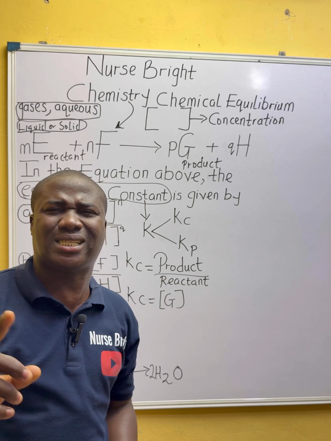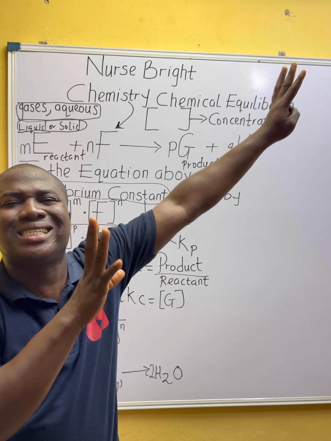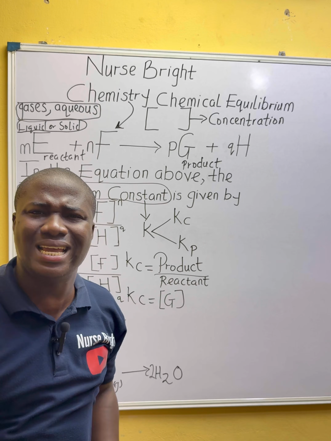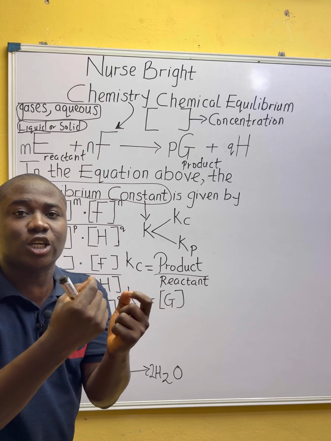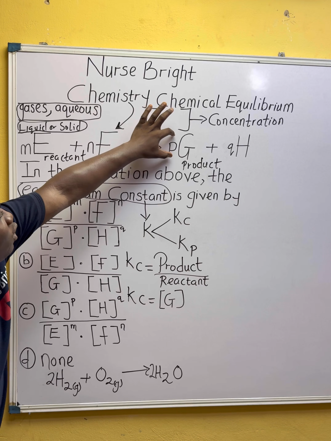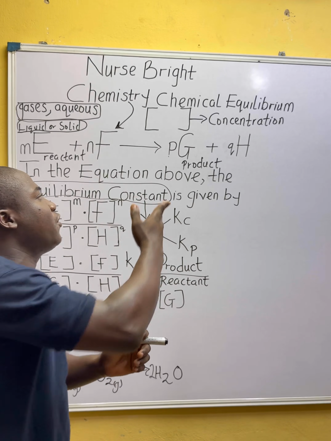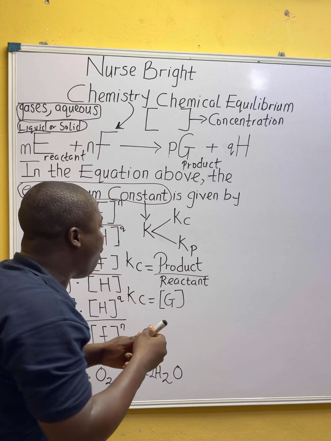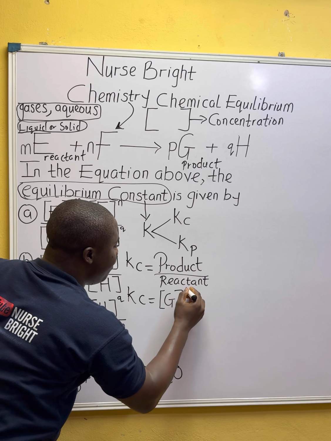That's how it works, guys. All of this was extracted from the law of mass action. Numbers or letters standing in front of a substance should be raised as the power. So P is standing in front of G, so P should be raised as the power.